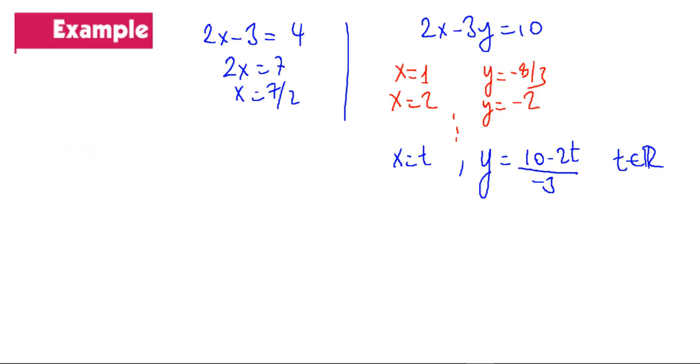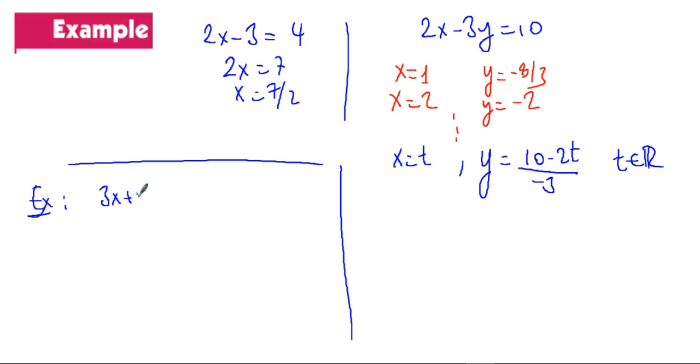If we have, for example, 3 unknowns in one equation, let's say 3x plus y minus 4z equals 10, then two of them will be independent to change, and the other one will be dependent. For example, if I call x equals t, and let's say z equals s, for any t and s real numbers, from here, what will y be? I just call them randomly, so any of them can be independent.